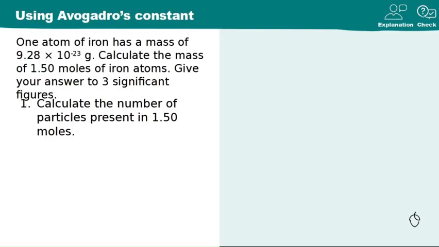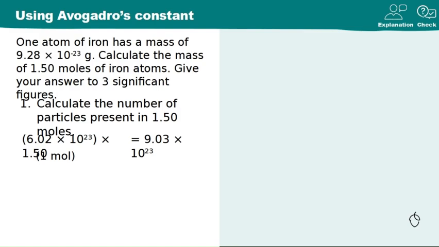So first of all, to calculate the number of particles present, we can simply take the number of moles, which is 1.5, and multiply that by Avogadro's number, and that will give us the number of atoms present.